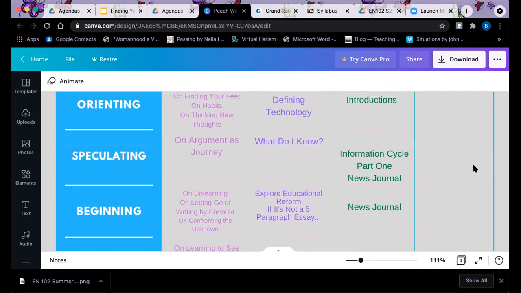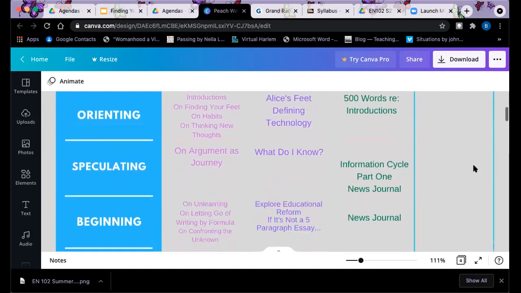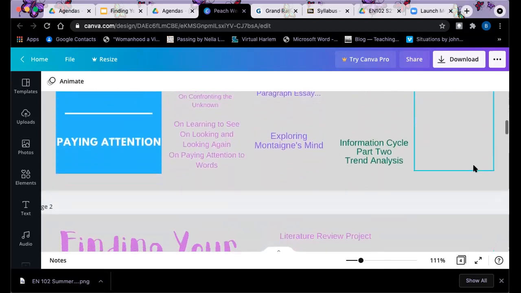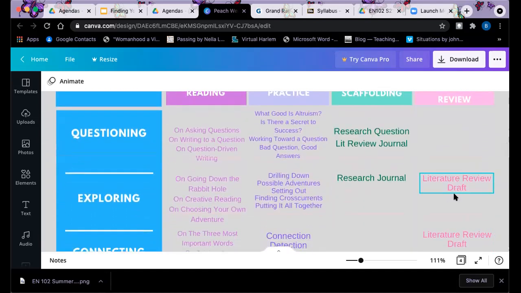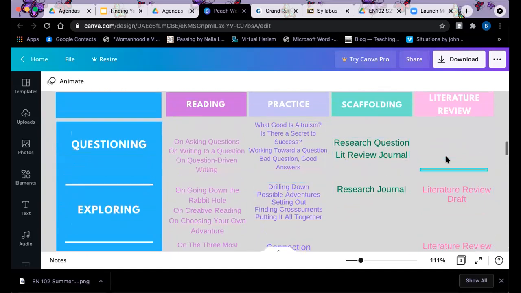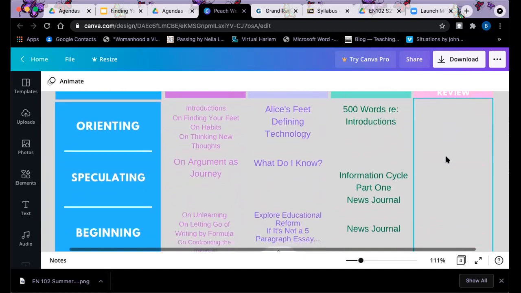That news journal is going to help you discover the topic that you're going to be pursuing for your literature review. So you can see that we have quite a bit of work that we're doing before we ever start writing the literature review. All of this stuff falls into that scaffolding.